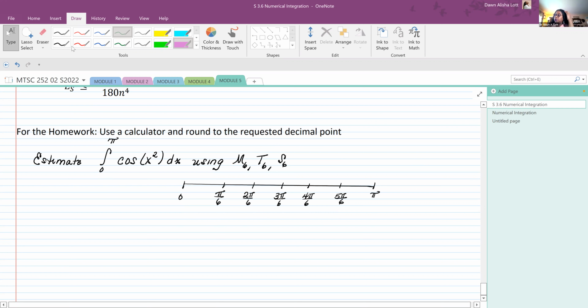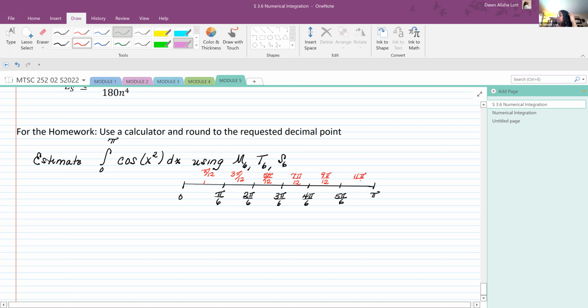So for the midpoint rule, you're going to need pi over 12, 3 pi over 12, 5 pi over 12, 7 pi over 12, 9 pi over 12, and 11 pi over 12.